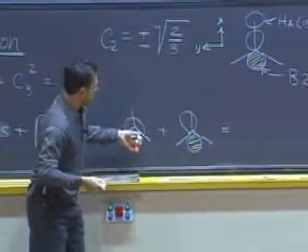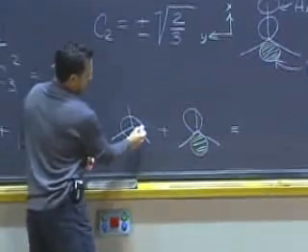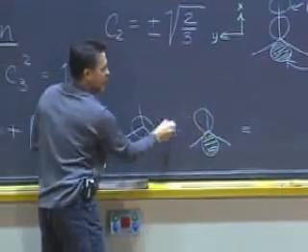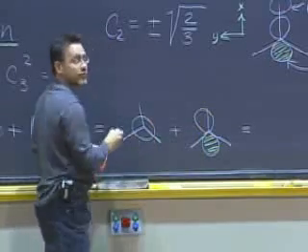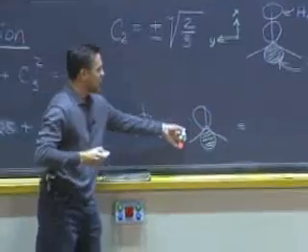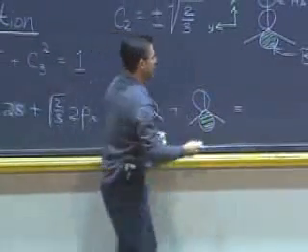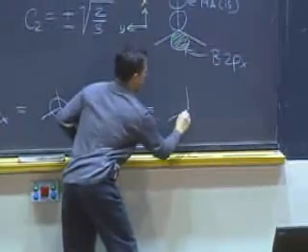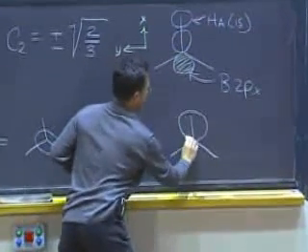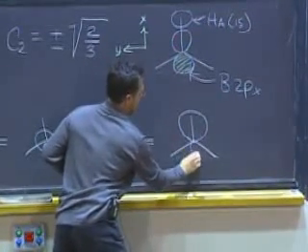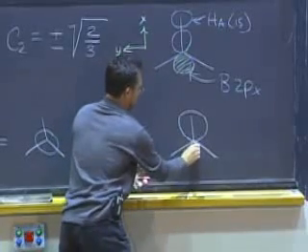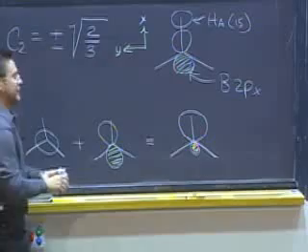And when I do this, what you can see is that we're going to get constructive interference with the positive lobe and destructive interference with the negative lobe when we add this boron 2s orbital to the boron 2px orbital. And that should give us something that looks like this, with an enlarged lobe pointing along positive x and a diminished negative lobe pointing along negative x.